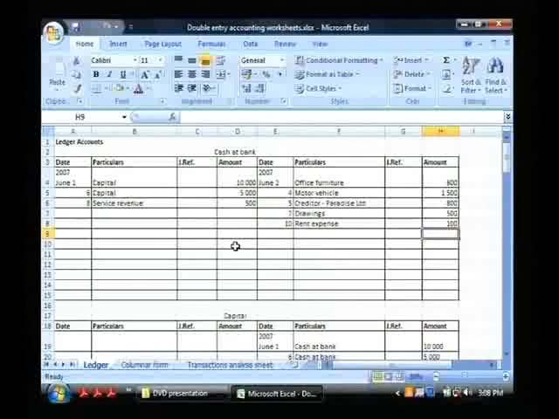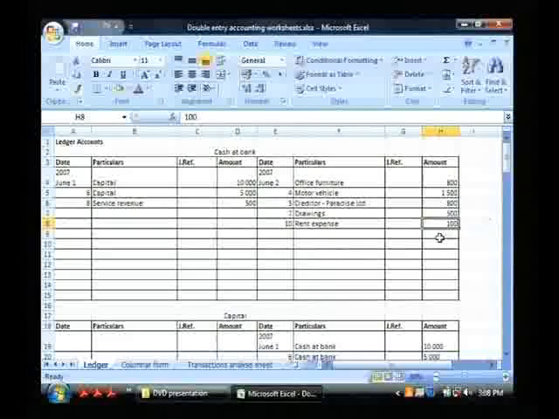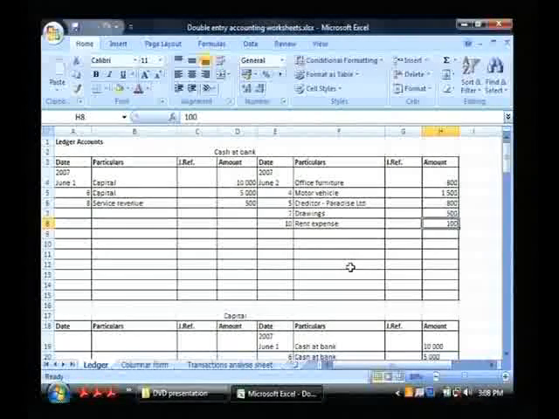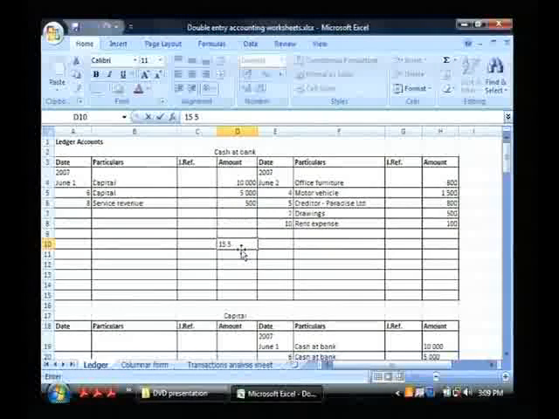So therefore, take the calculator and find the credit side total: 800, 1,500, 800, 500, 100. Then that works out to 11,800. Here it is 15,500. Debit side total is 15,500.